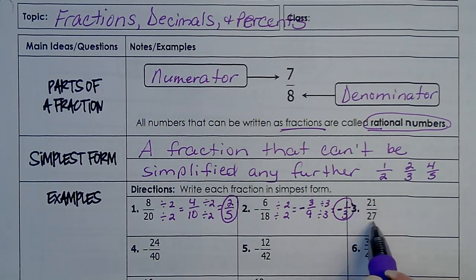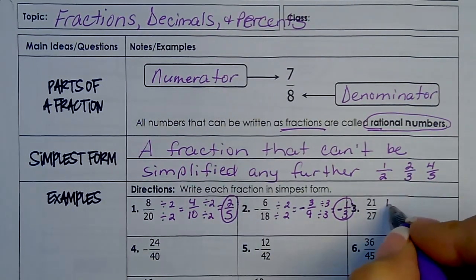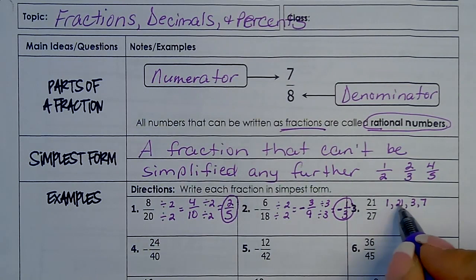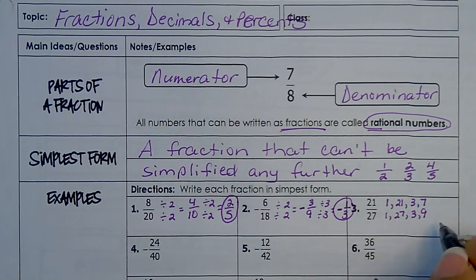Okay, now I'm going to show you a different way to do this. You can also list factors until you find a common factor and then divide by that common factor. So for example, 21: 1 and 21, 3 and 7. So these multiplied together give you 21, and these multiplied give you 21. Now I'm going to do it for 27. 1 and 27, 3 and 9.